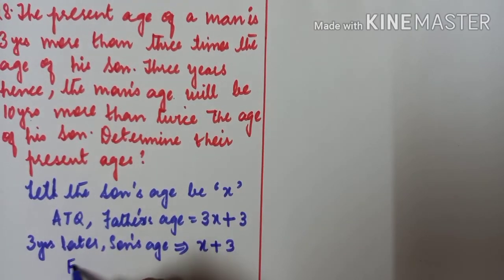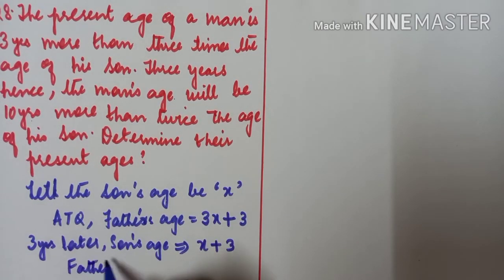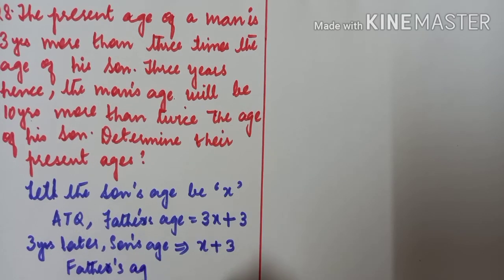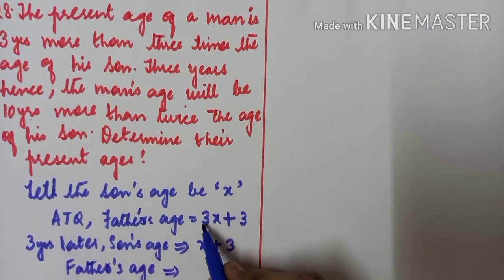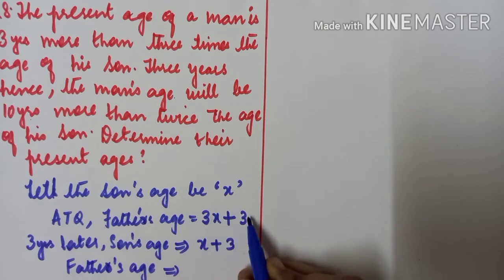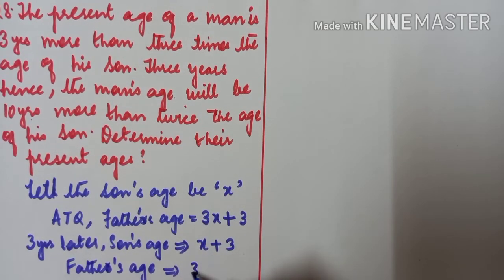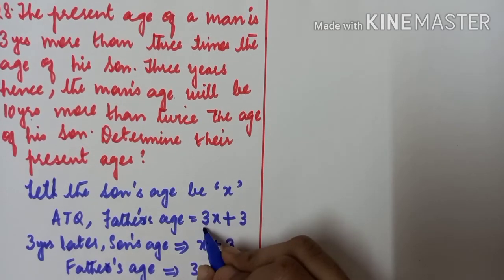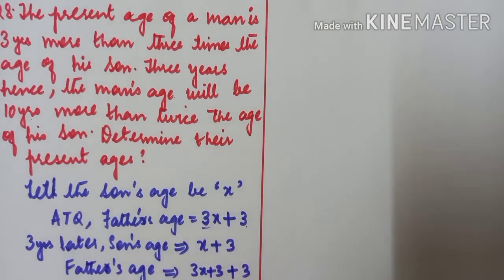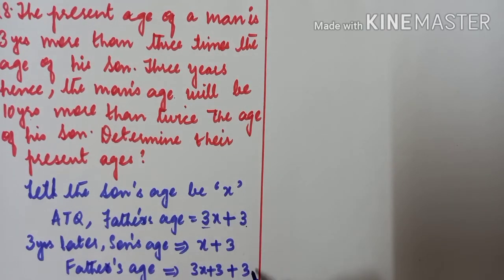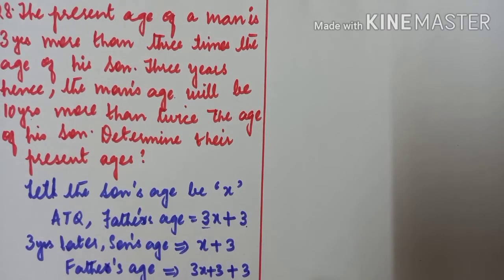Then what about the father's age? Father's present age is 3x plus 3. After 3 years means plus 3 again. 3x plus 3 is the present age, now after 3 years we add 3 over here. So 3x plus 3 plus 3 will be 3x plus 6.